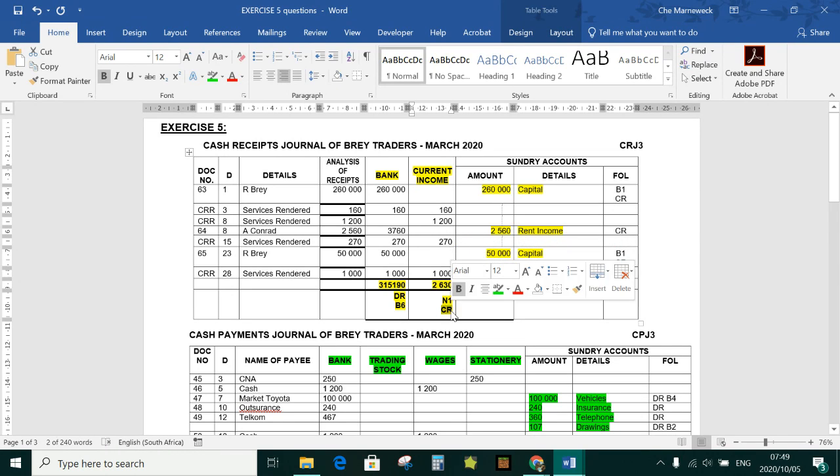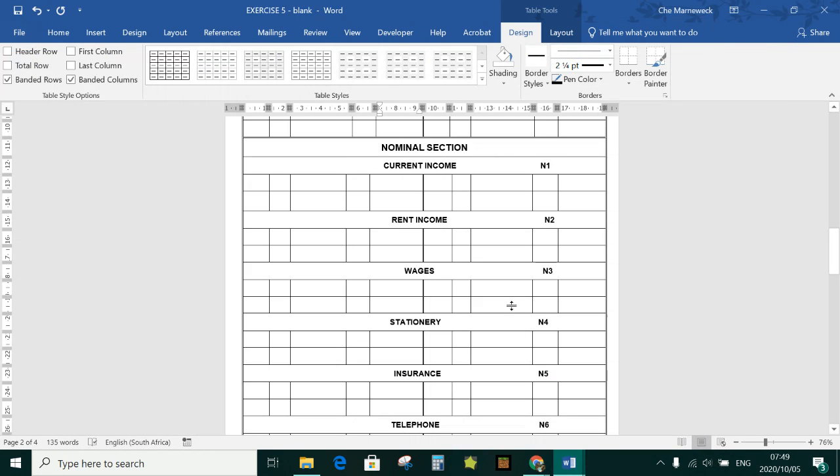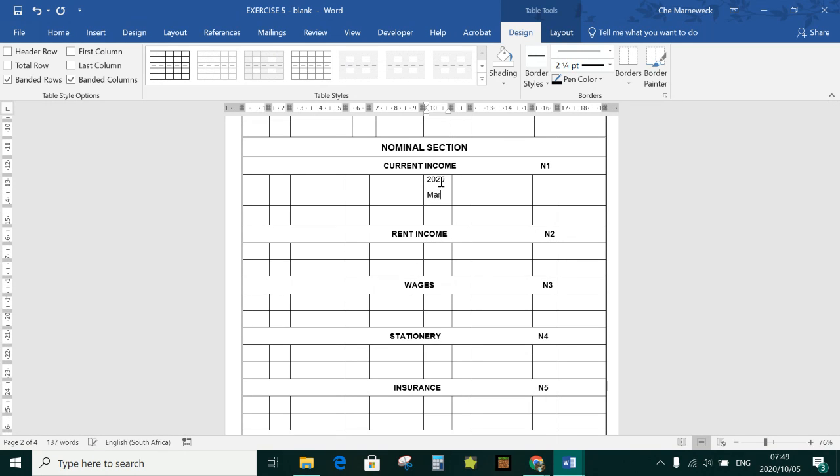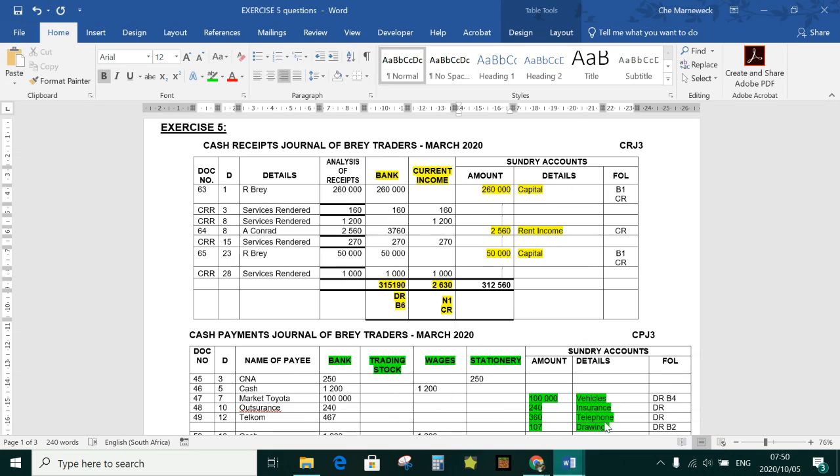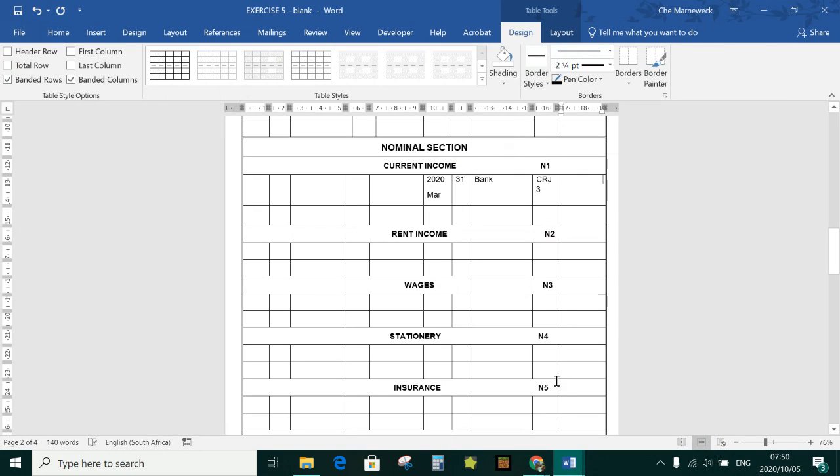It's going on the credit side, the last day of the month. So we go to current income. Credit side, 2020, March 31st. Partner account, bank. Journal, CRJ3. And the total of the current income column is 2,630.